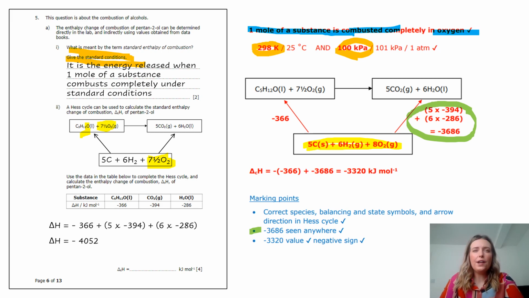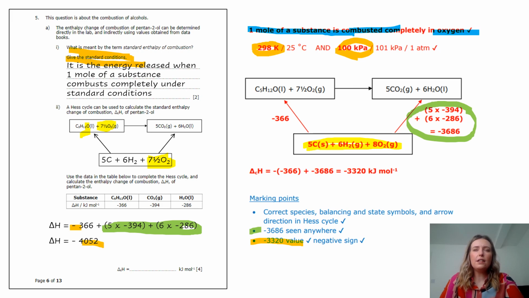The next mark is for the final answer, so it's just the opposite of the first arrow plus the second. So here we want minus 366 plus all of this lot. My students forgot the minus and minus, so this has gone a little bit wrong, but they have done this, so I would accept that for that second mark. Unfortunately, this hasn't gone quite right, so they haven't got the right answer at the end.